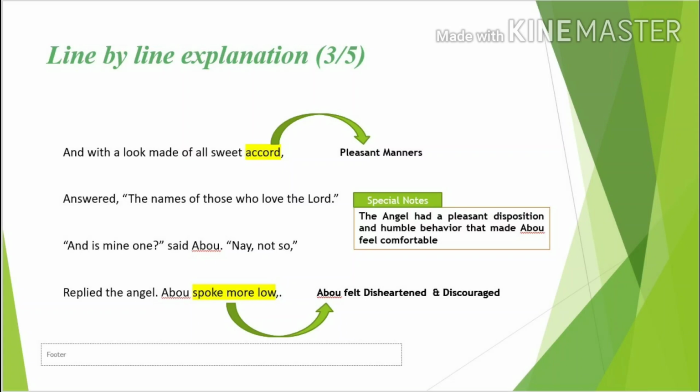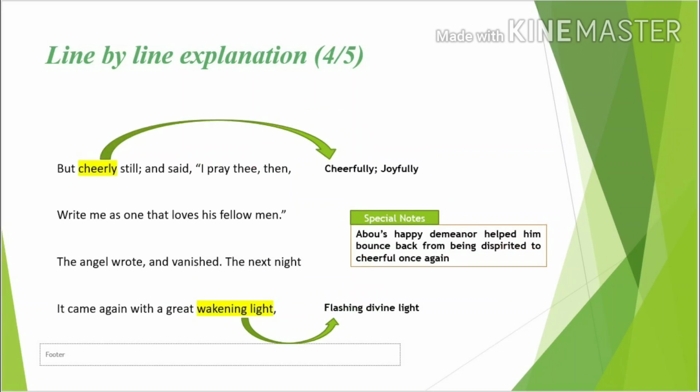Abou spoke more low. Obviously, this displeased and disheartened Abou. He felt a little low, but soon after he revived, but cheerily said, cheerily meaning with cheerfulness, with a lot of joy, but cheerily still, and said, I pray thee then, write me as one that loves his fellow men.